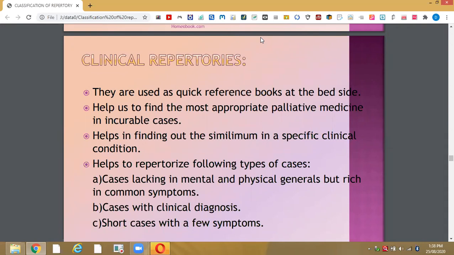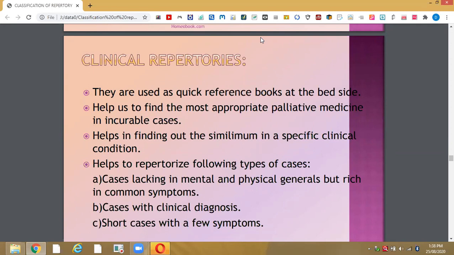We should palliate the condition and the symptoms to give temporary relief from suffering. To find such palliative medicine, these clinical repertories are helpful and useful.